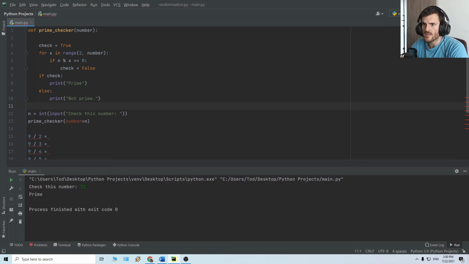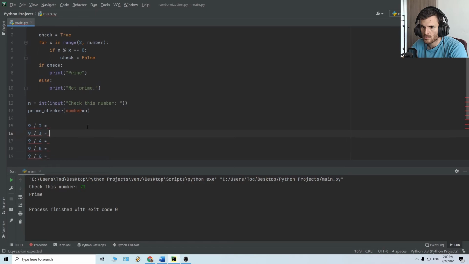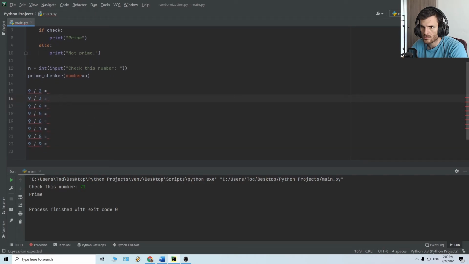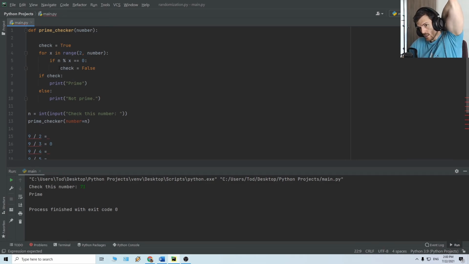I've said here for x in range from 2 to the number, if n remainder of the x is 0, it's not prime.